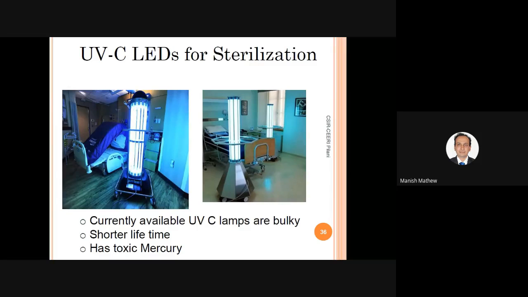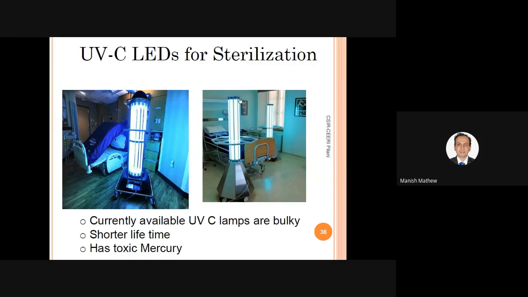Now, as I said, this has been used for sterilization purposes. Currently most of them are using UV lamps. For COVID treatment in the hospitals, after the patient has gone or recovered, they sanitize the hospital with the help of these UV lamps.